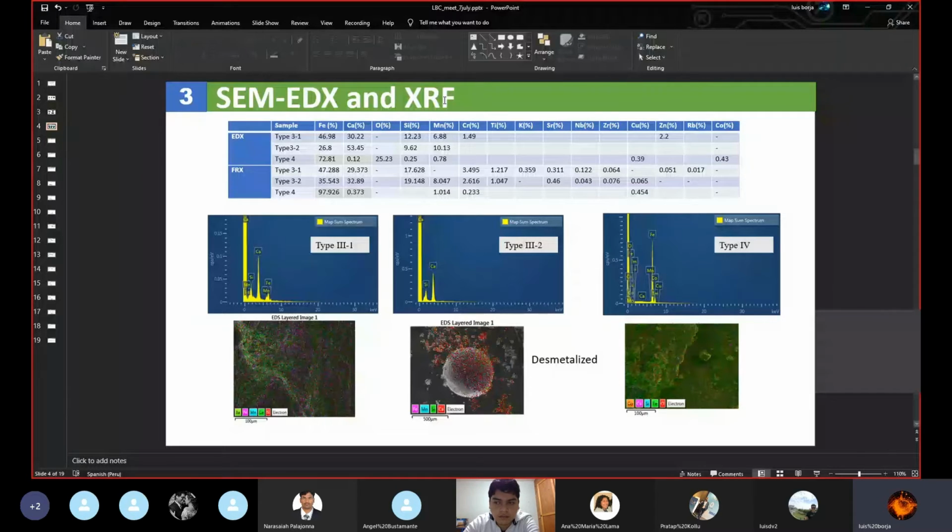What you can see is that there is a similarity in the content percentage of the chemical elements, in the case of iron and calcium.